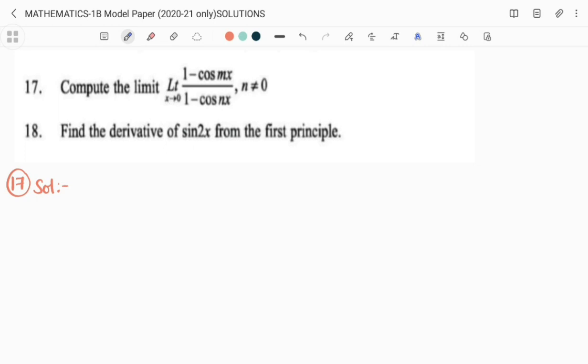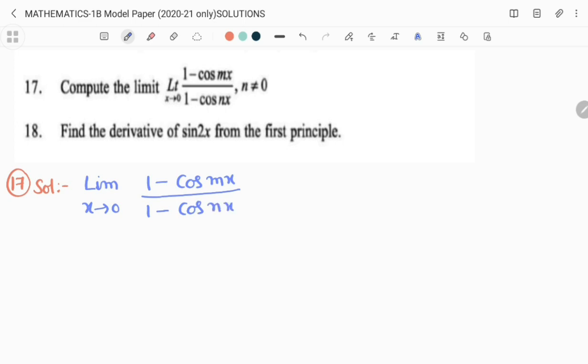The next question. Compute the limit as x tends to 0, 1 minus cos mx by 1 minus cos nx. First write the given limit, x tends to 0, 1 minus cos mx divided by 1 minus cos nx.